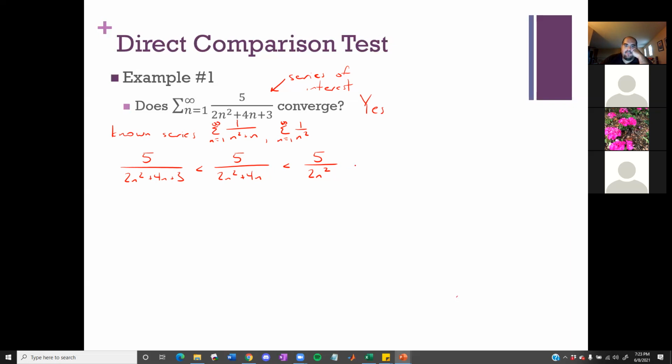Yeah. And then I think with our last move here, we can say that this is less than 1 over n squared. Does this series 1 over n squared converge? Yes. And why do we know that is true?